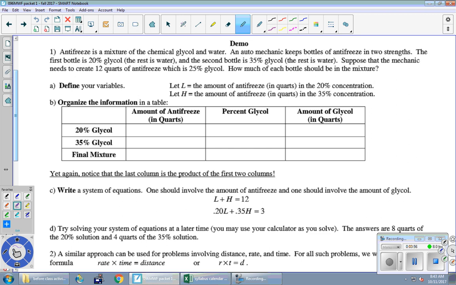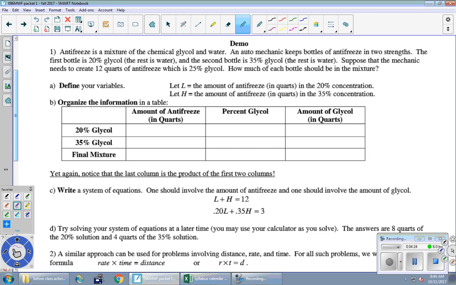The mechanic needs to create 12 quarts of antifreeze. That's the whole. That's the glycol and the water together. We want 12 quarts of this stuff, and I want it to be 25% glycol. That's the concentration we're after. And 25% is at least in the game because it is between 20 and 35. All right? So the question is, how much of each should we use to build this 12-quart mixture with exactly the right concentration? We're on page 102.